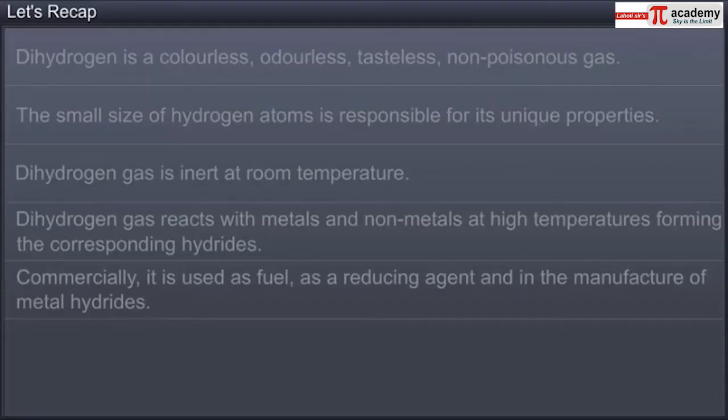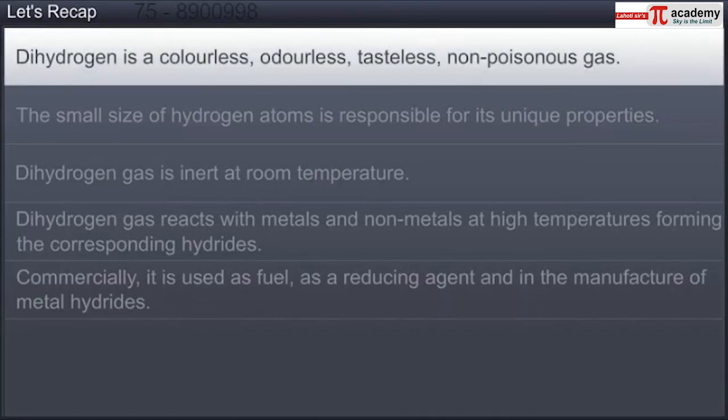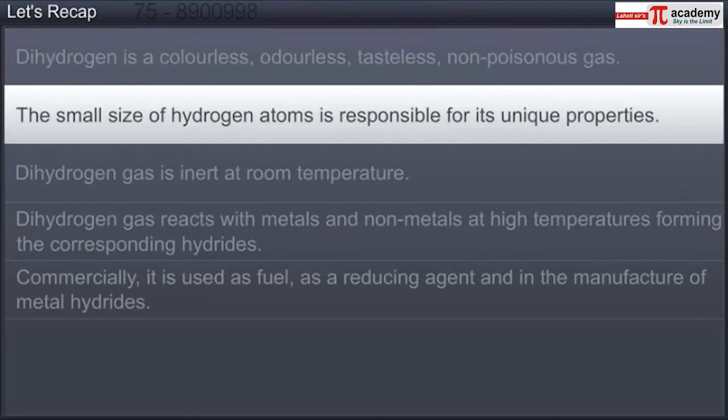You have now reached the end of this module. In this module, you learned that dihydrogen is a colorless, odorless, tasteless, non-poisonous gas. The small size of hydrogen atoms is responsible for its unique properties.